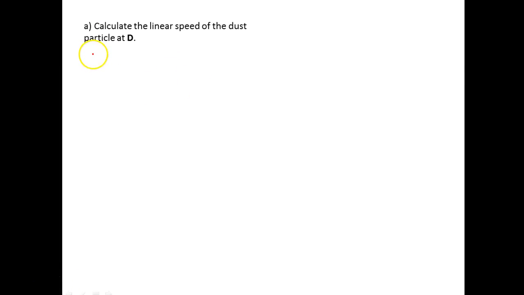So using the information we were given before, we know that r is 0.125 meters, and it's revolving at 45 revolutions per minute. So we could use the method we used in the previous question.